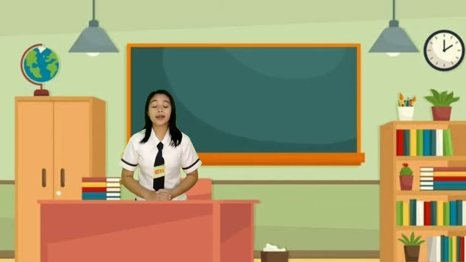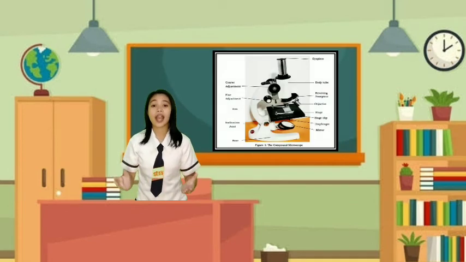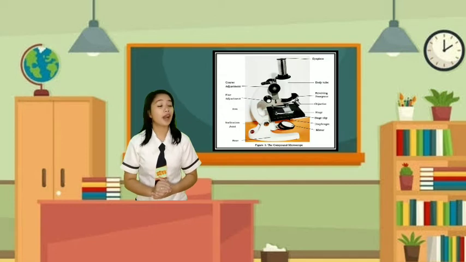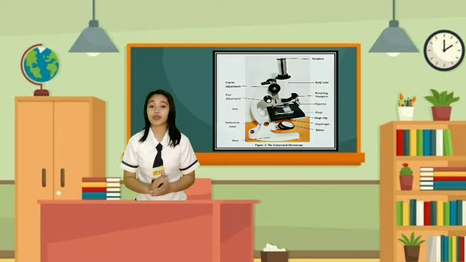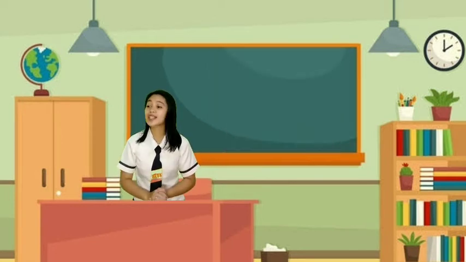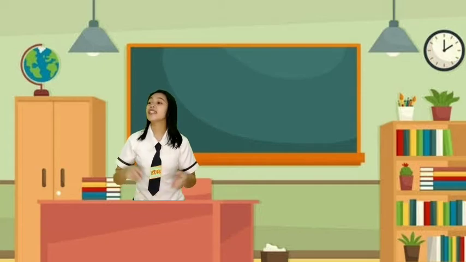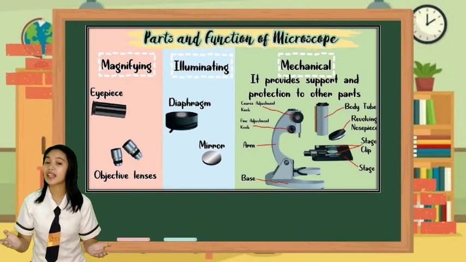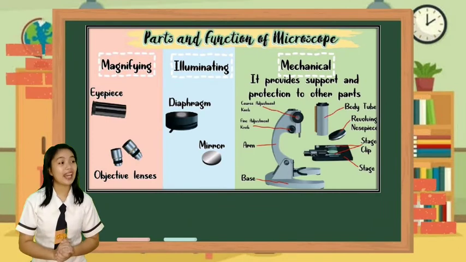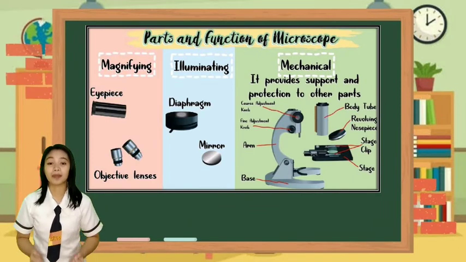Now, let's talk about the different parts and function of the microscope and how it really works. The parts of a compound microscope can be divided into three groups: the magnifying, illuminating, and the mechanical parts.